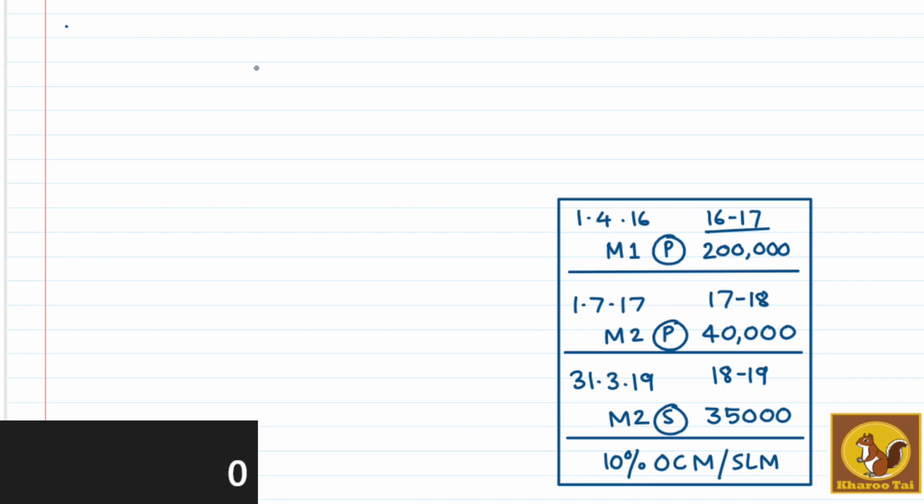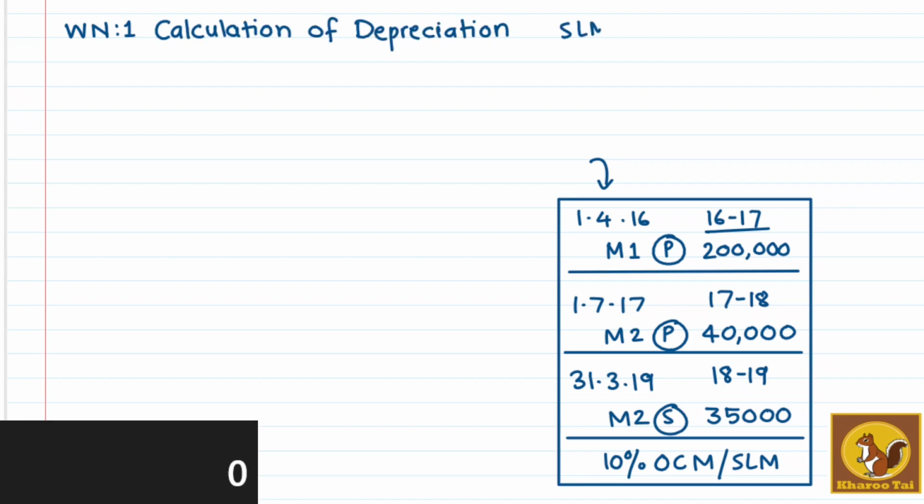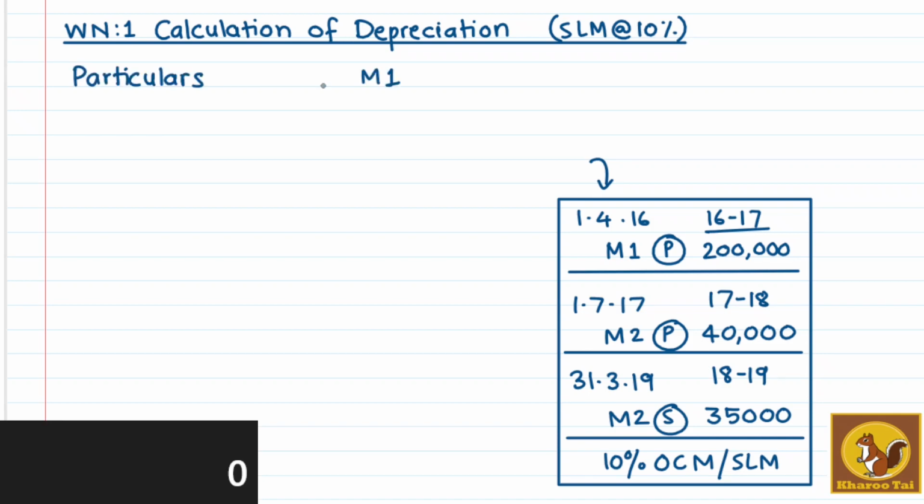Let's start our working note 1, calculation of depreciation. The method is SLM and the rate is 10%. Then we will need particulars, machinery 1, machinery 2, machinery 3 and total. We will also need purchase date and purchase amount.